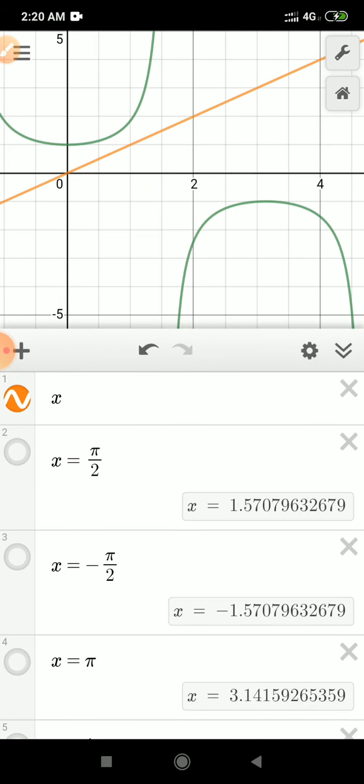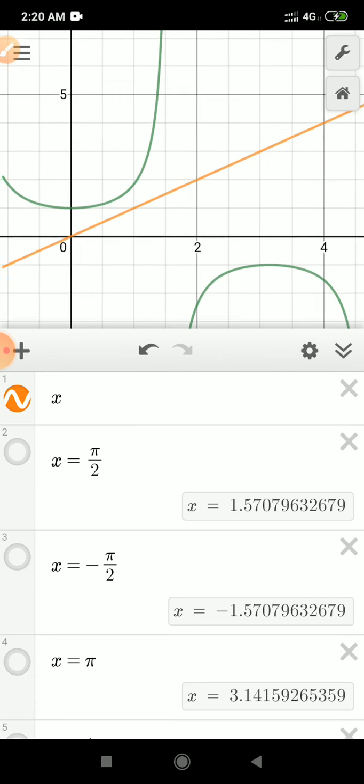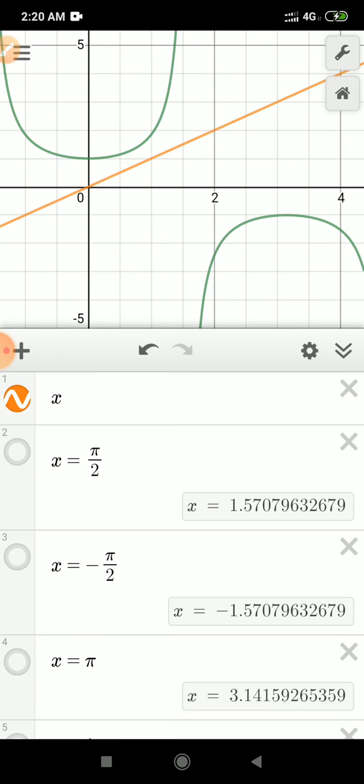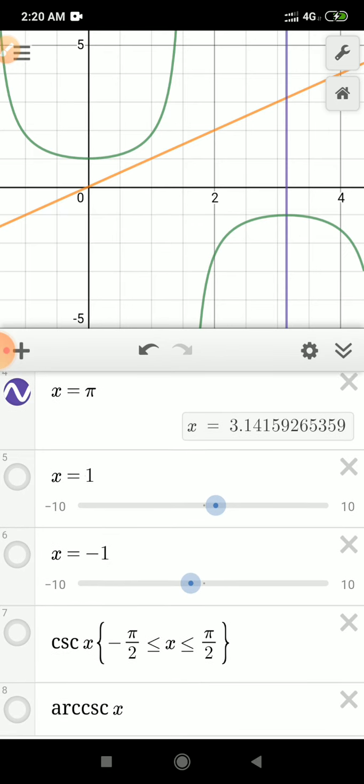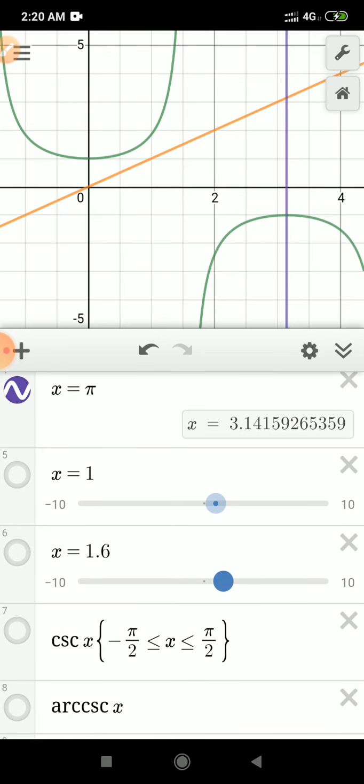So you can see clearly that it will be bijective for the range 0 to pi, and in the middle of that, at the point pi by 2, the function is not defined, it is becoming infinity. So first of all we are drawing the lines x equals to pi and x equals to 0, meaning the y axis. See, within these the function will be injective.